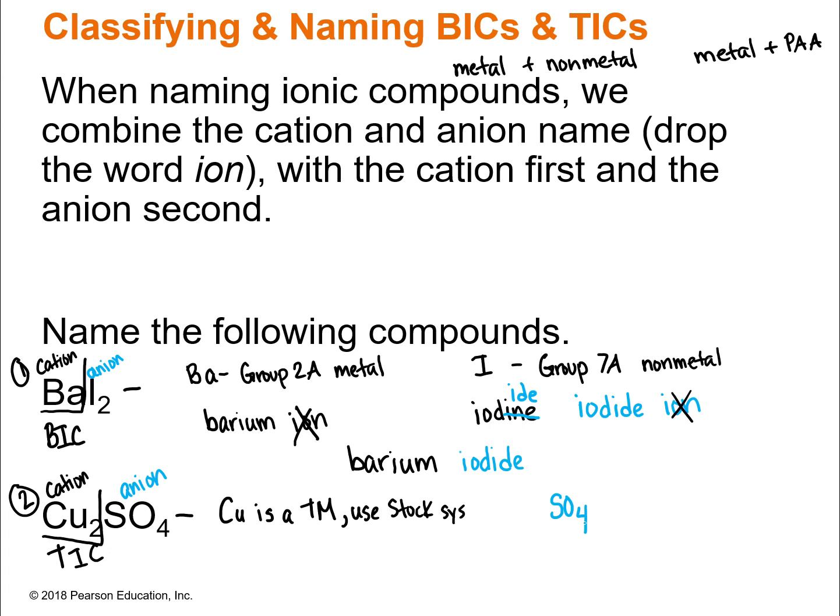So you don't have to try to name SO4. It's on that chart for the polyatomic anions. So its charge is 2 minus, and it's the sulfate ion.